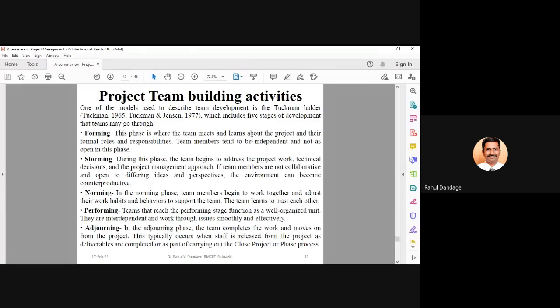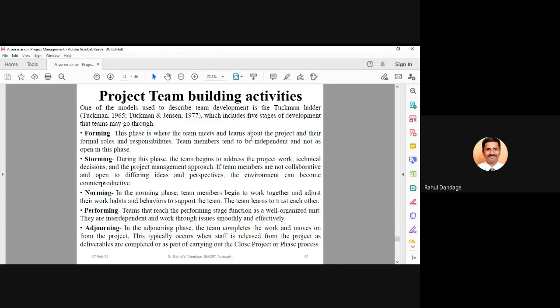In norming, they will actually start working together. When they start working together, they will find certain areas where they need to adjust their work habits and their behavior, because they are working with someone whose working habits, behavior, working philosophy, and nature are altogether different.